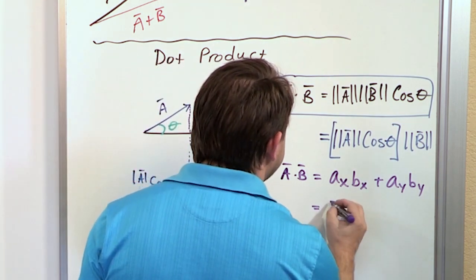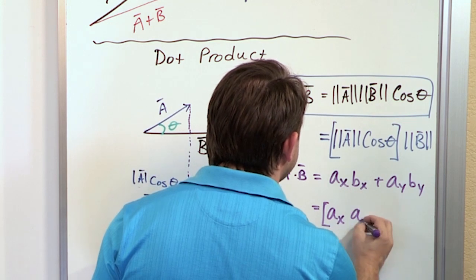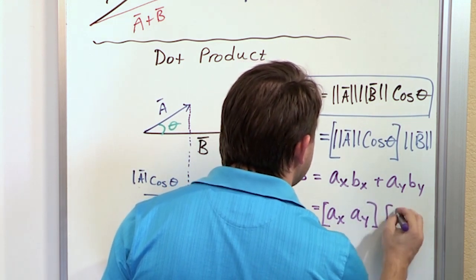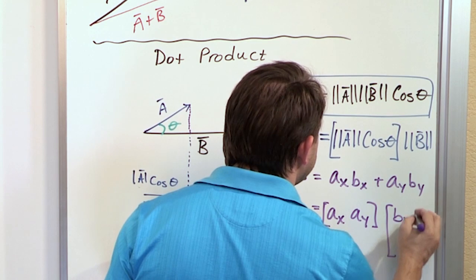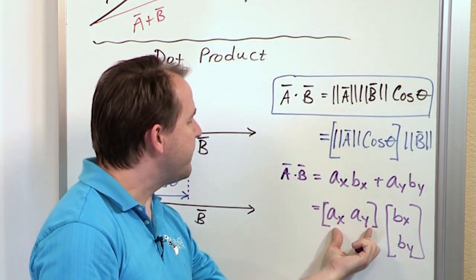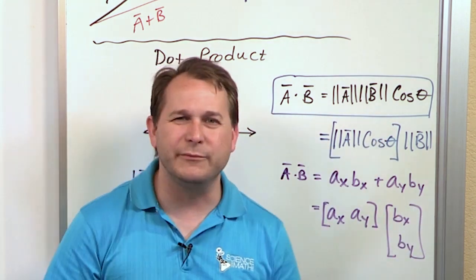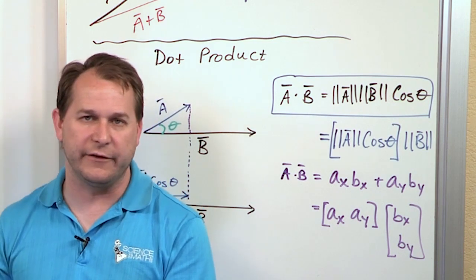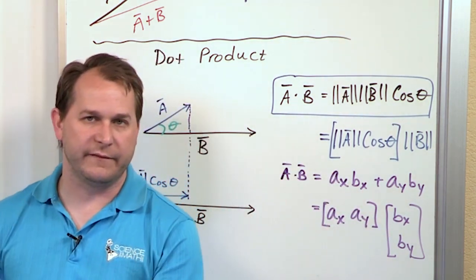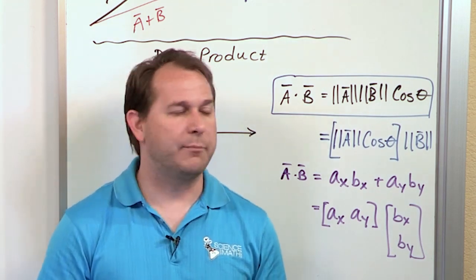Which is exactly the same thing as saying A sub x, A sub y, times B sub x, B sub y. This is the dot product in terms of matrices. So if I know my A vector and I know my B vector, I go across and then down. So basically all I'm doing is multiplying the x components of the vectors together. I'm multiplying the y components of the vectors together. I'm adding everything together. I get one number as a result of the dot product.